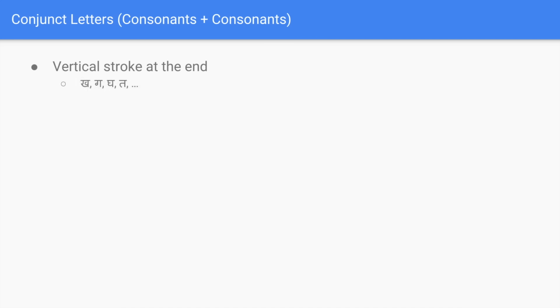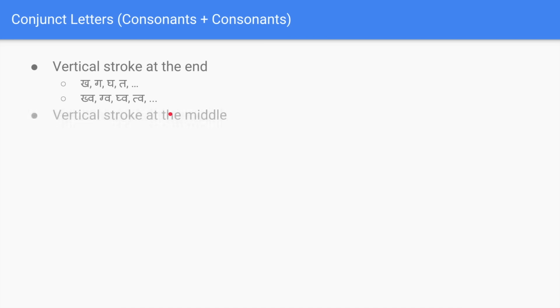For letters which have a vertical stroke at the end, like ka, kha, ga, ta, and a lot of other letters, the vertical stroke goes off and the next letter comes in that place. Example: kva, gva, tva. The previous letter is pronounced without its vowel and the next letter in full.